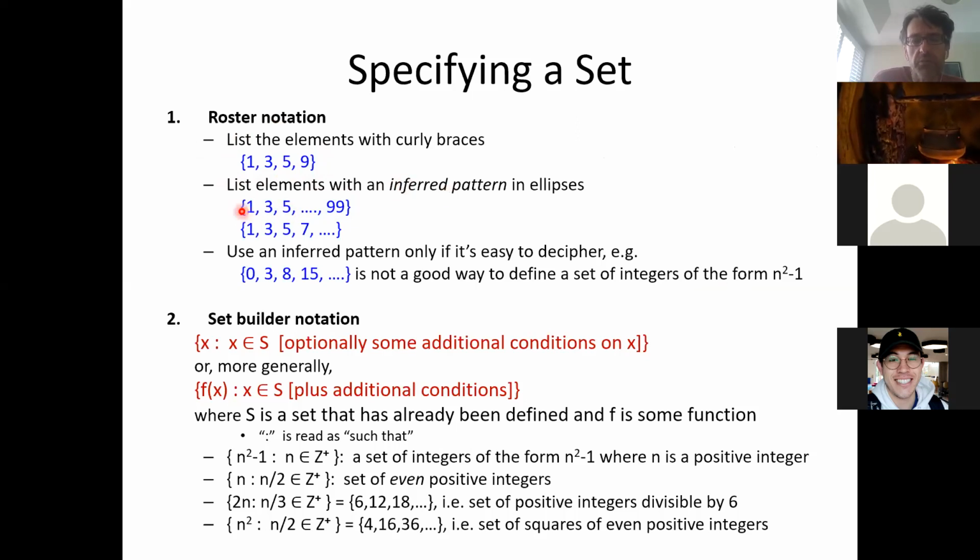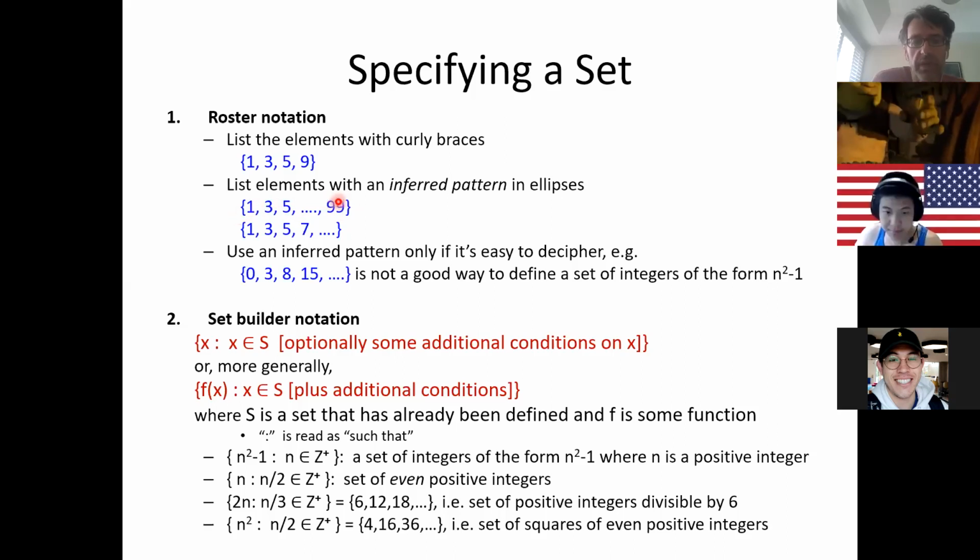So here is the set 1, 3, 5, up to 99, the set of odd numbers. And basically every human after first grade of elementary school will say, oh, okay, this is odd numbers smaller than 100. And this is odd numbers in general.